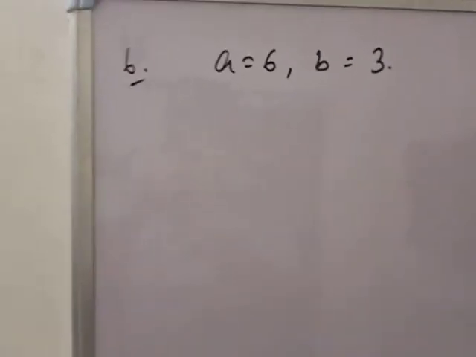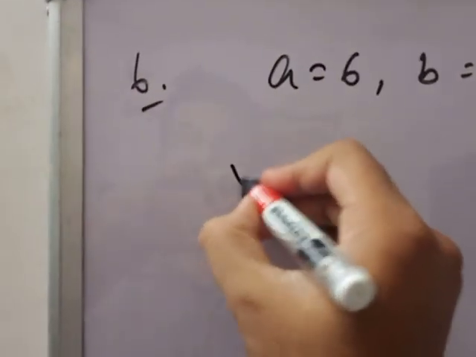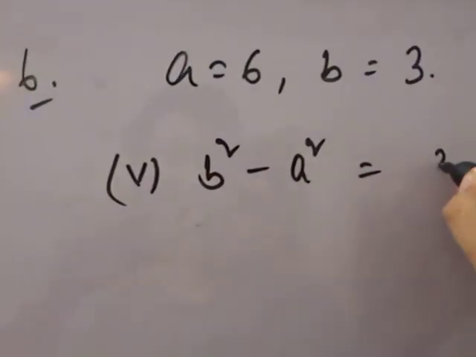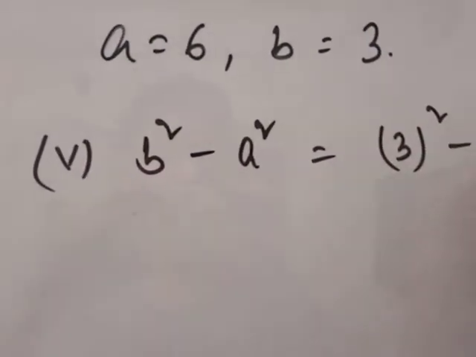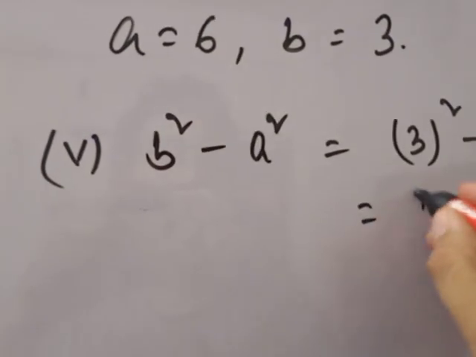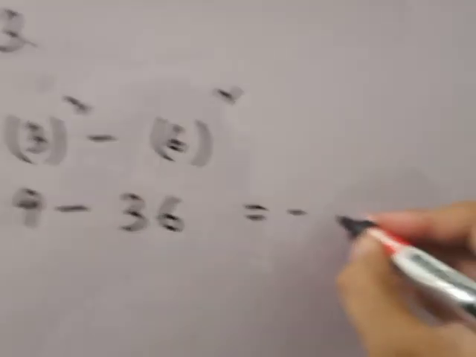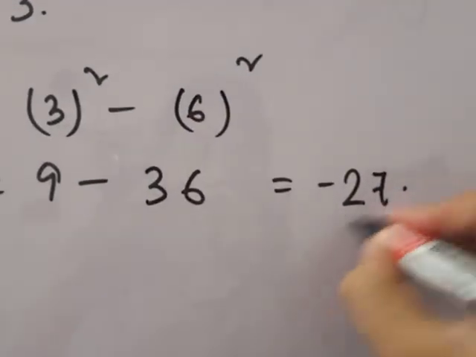Now number 5, b square minus a square. So 3 square minus 6 square. So 9 minus 36 equals minus 27.